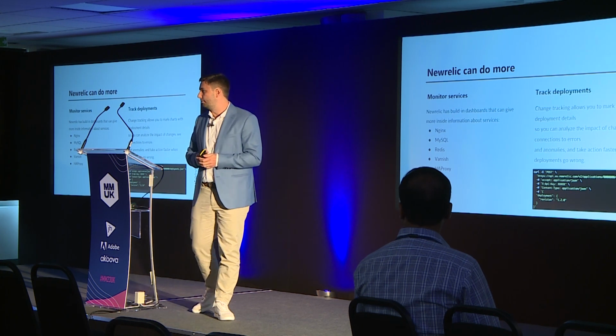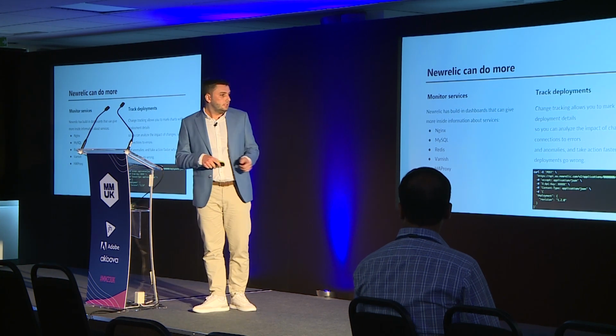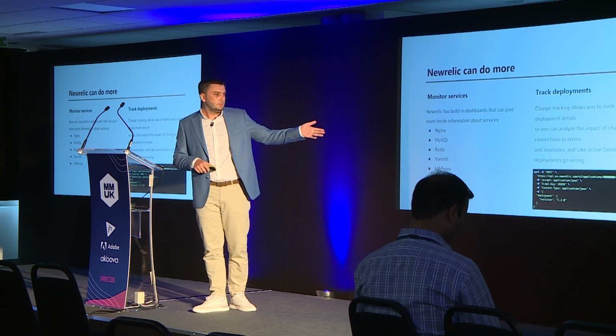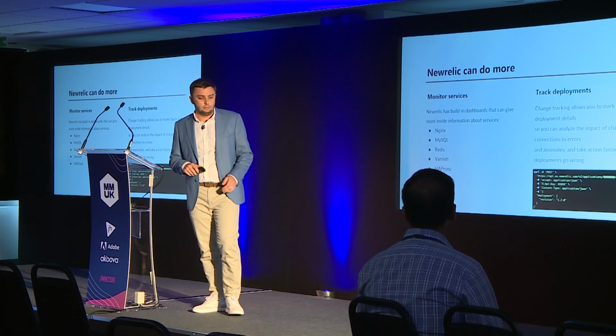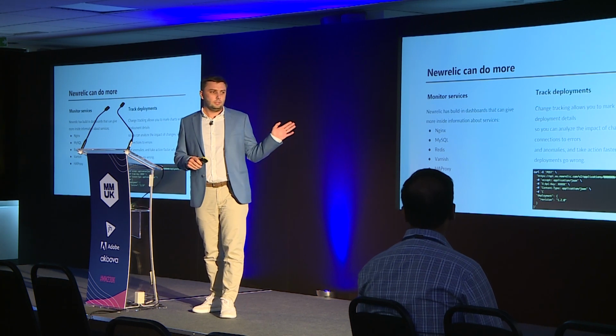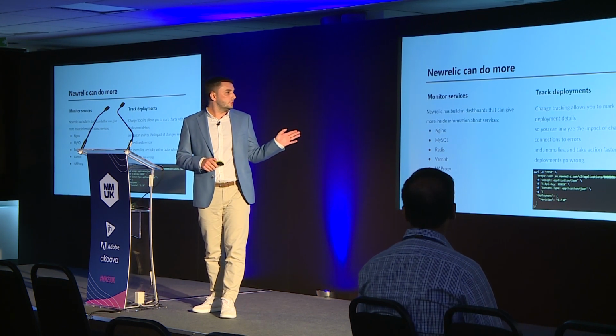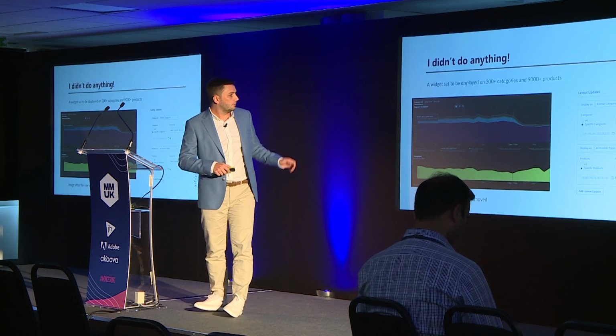Another use case that you can easily add in your pipeline, doesn't matter what pipeline you are using to do deployment, is to just make this URL call. And basically what it does, it just adds some markers like you have here.